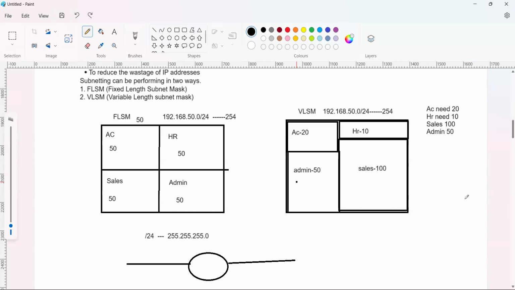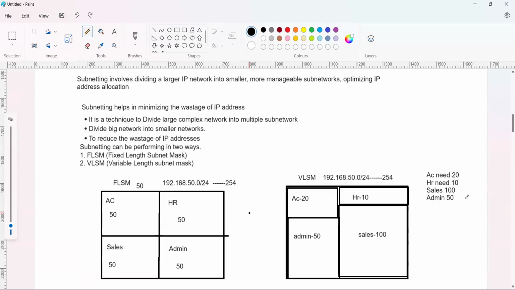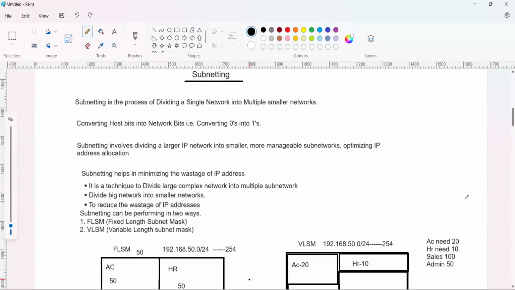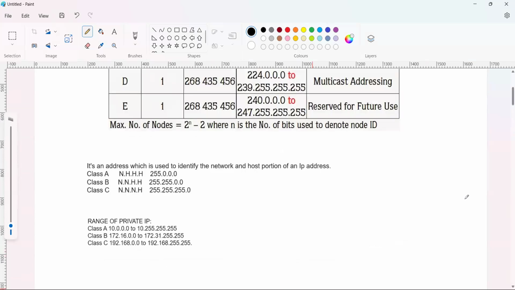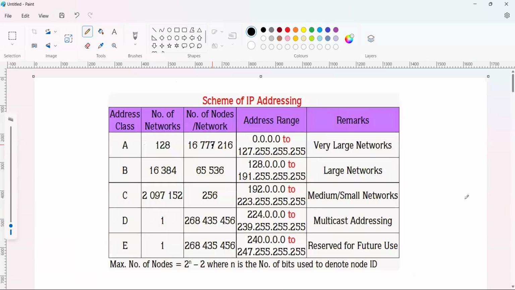Now the main purpose of subnetting is reducing the wastage of IP addresses. Assume this one is a large network. Apart from that, we have more large networks with this many hosts.